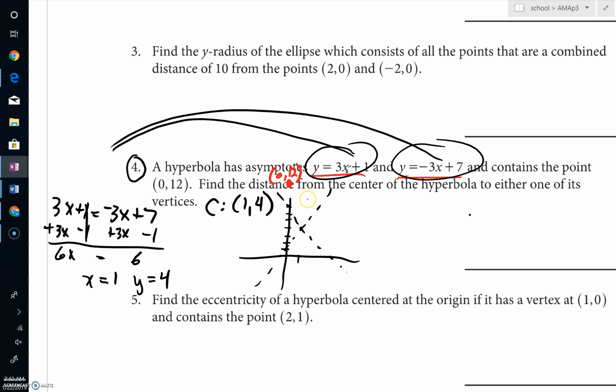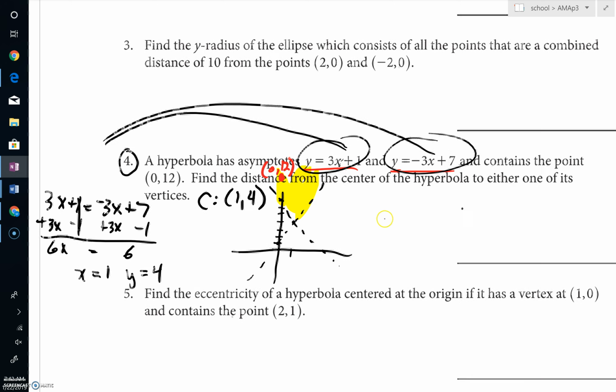So that means that it's within this upper bound, this top section of the lines. So hopefully you can see that if it's 0, 12, we now know that this hyperbola opens up and down.